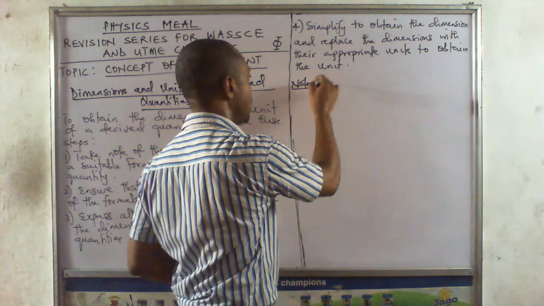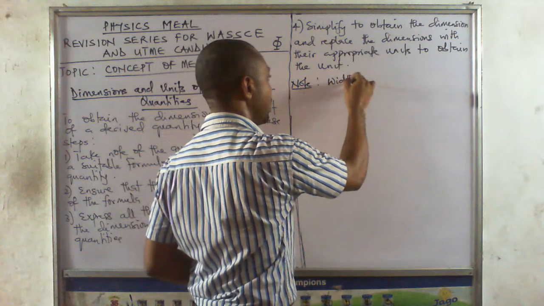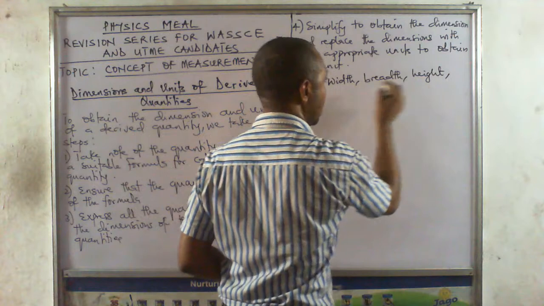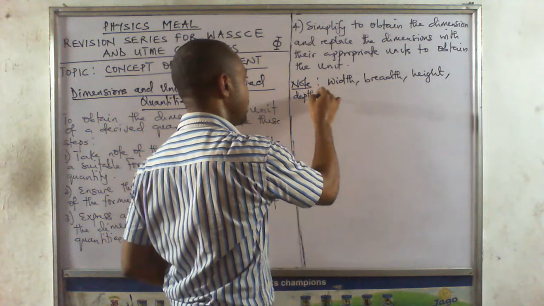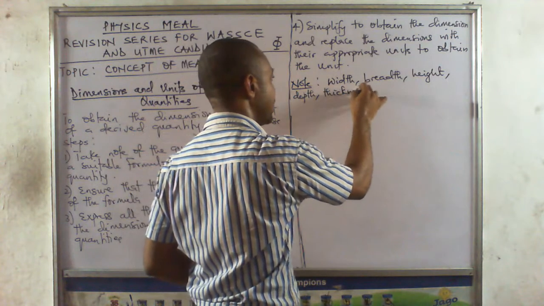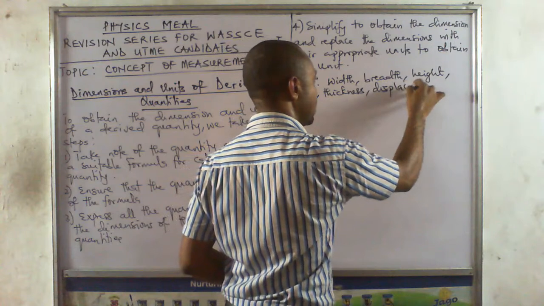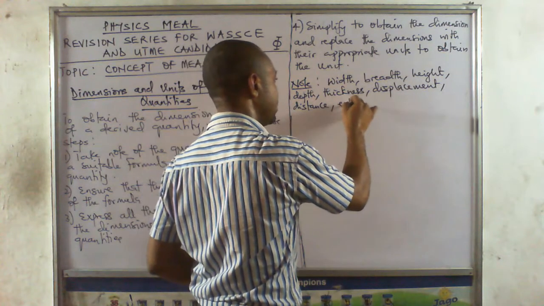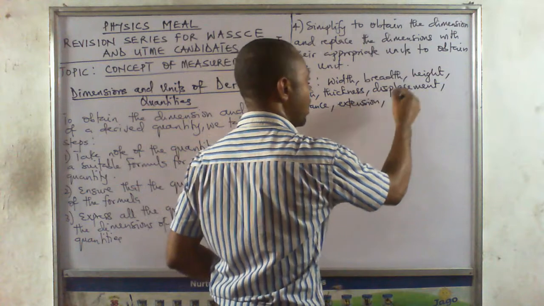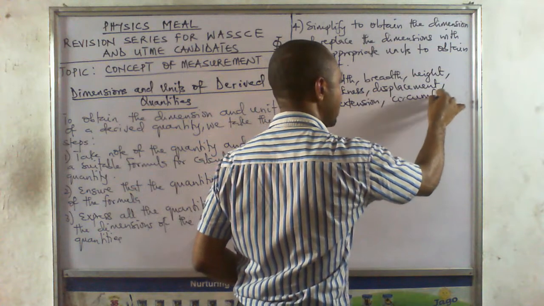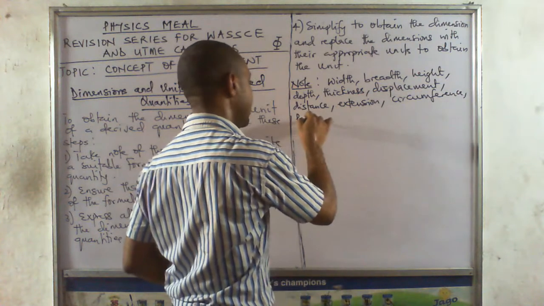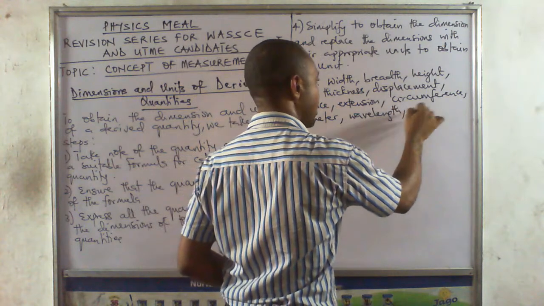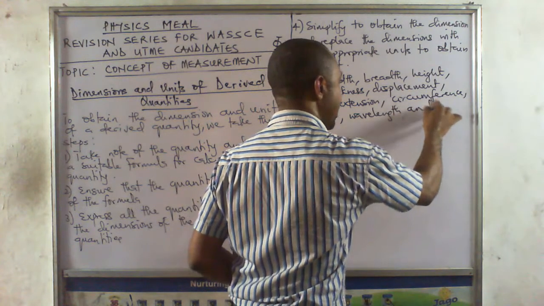Note: width, breadth, height, depth, thickness, displacement, distance, extension, circumference, perimeter, wavelength, and let me just add, amplitude.